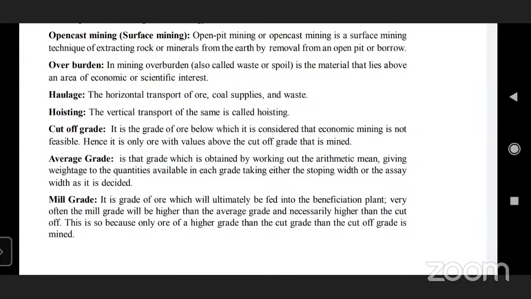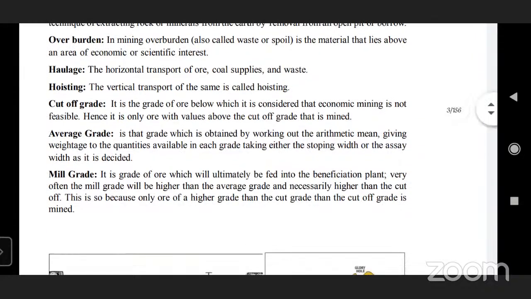This is so because only ore of higher grade than the cut-off grade is mined. So this is mill grade.